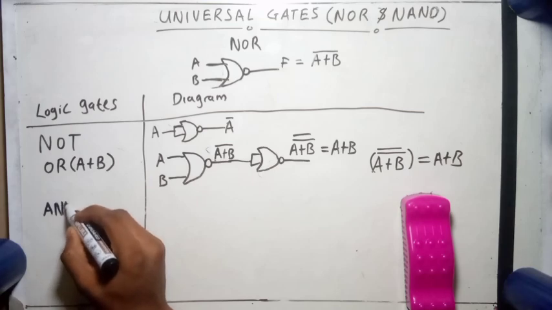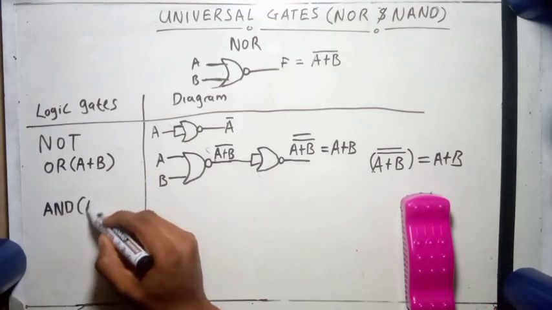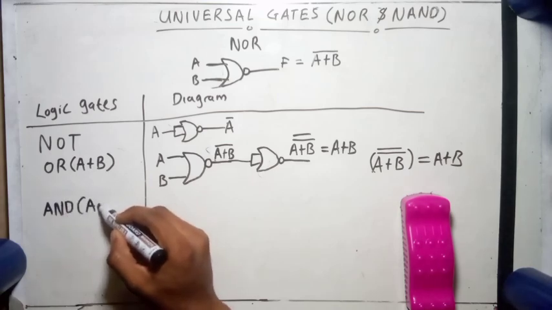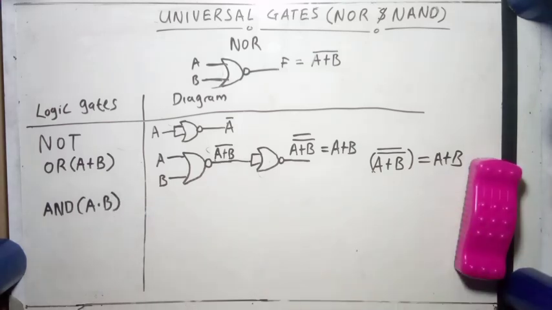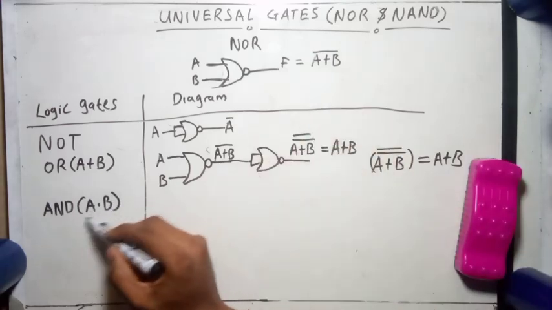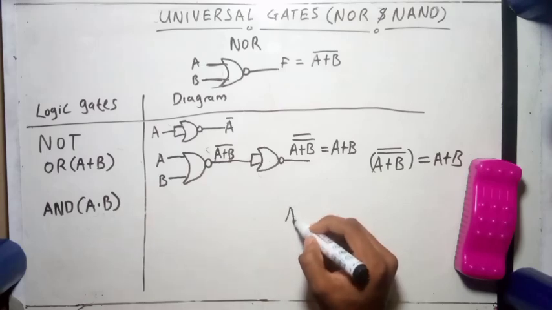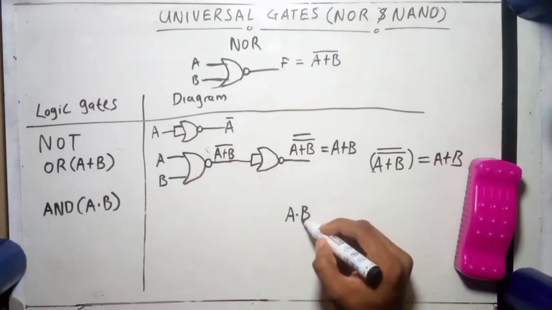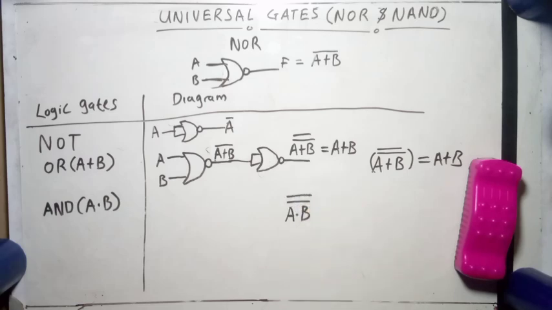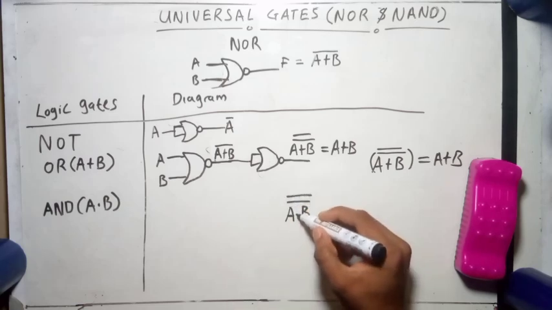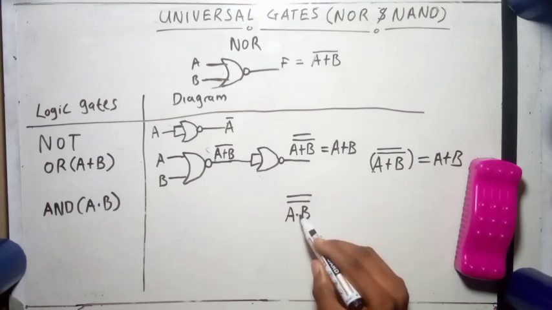Now for our AND, which we know that it is what? A dot B. Now we'll write down this expression again. A dot B. Now double barring this, our aim here is to eliminate this sign over here, which is the multiplication sign.